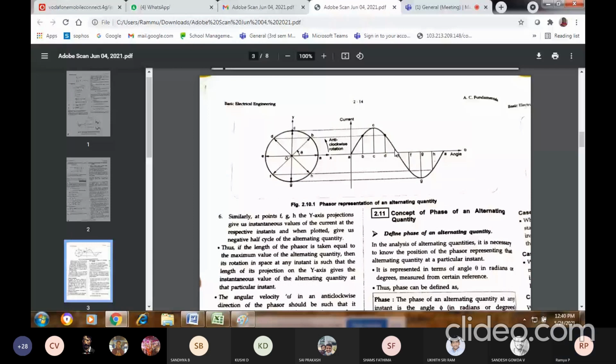Now I will consider a point A. At point A, what is the projection across the y-axis? What is the current present at point A? At point A, the current is 0. I'm just taking this theta as angle A, and at angle A, my current is 0.